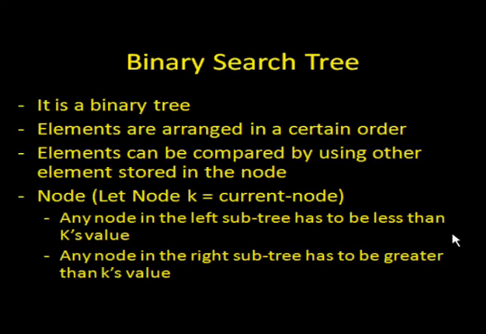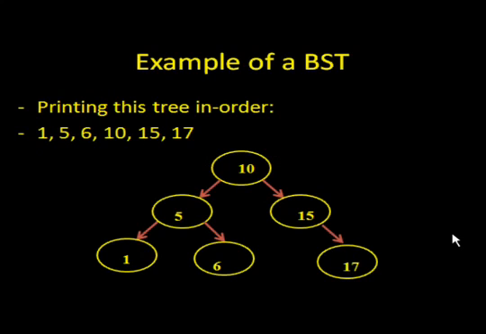Each element is compared to each other by using the element stored in the node. And here's an example. If we were to traverse this tree in order, you would get 1, then 5, then 6, then 10, 15, and 17. So you can see that this list is in order if we use in-order traversal.